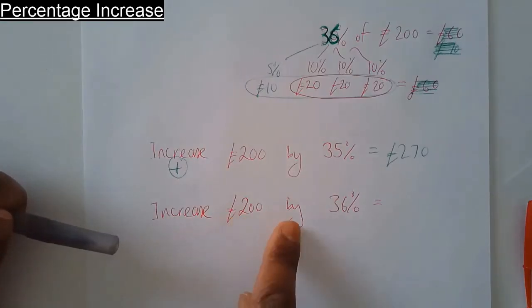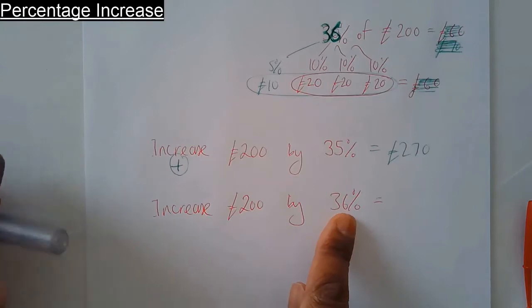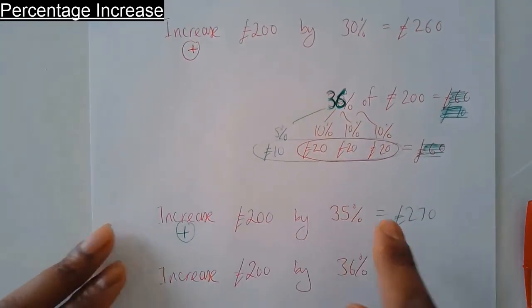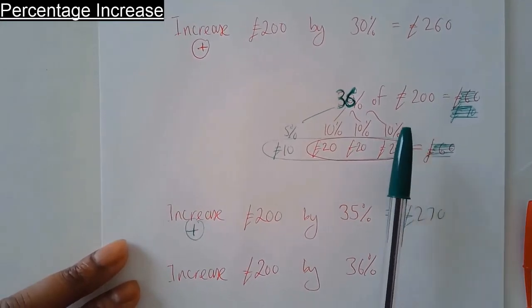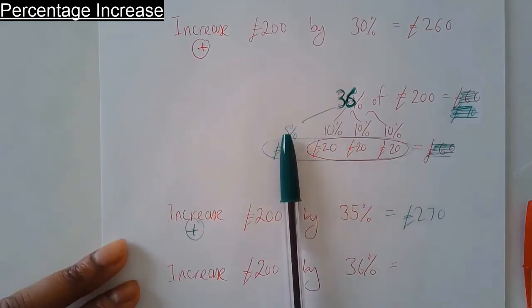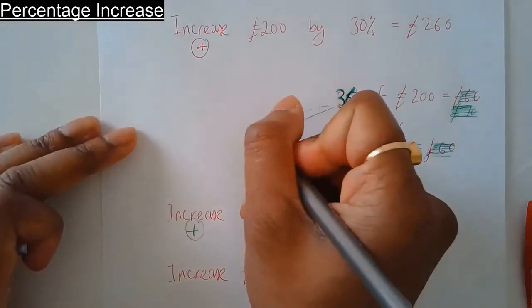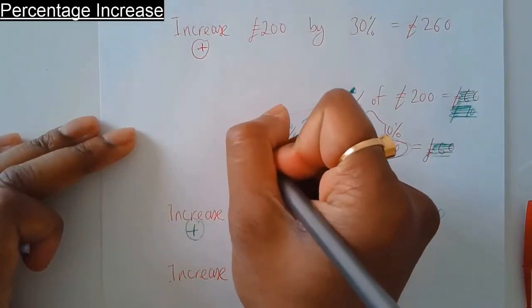Increase £200 by 36%. So we need to find 36% of £200. That's 10, 10, 10, 5. We need a 1%.